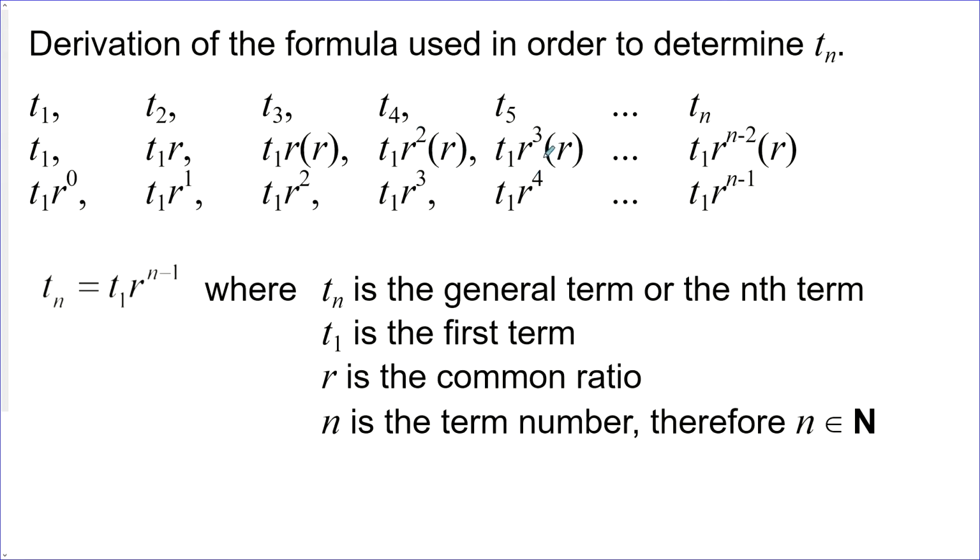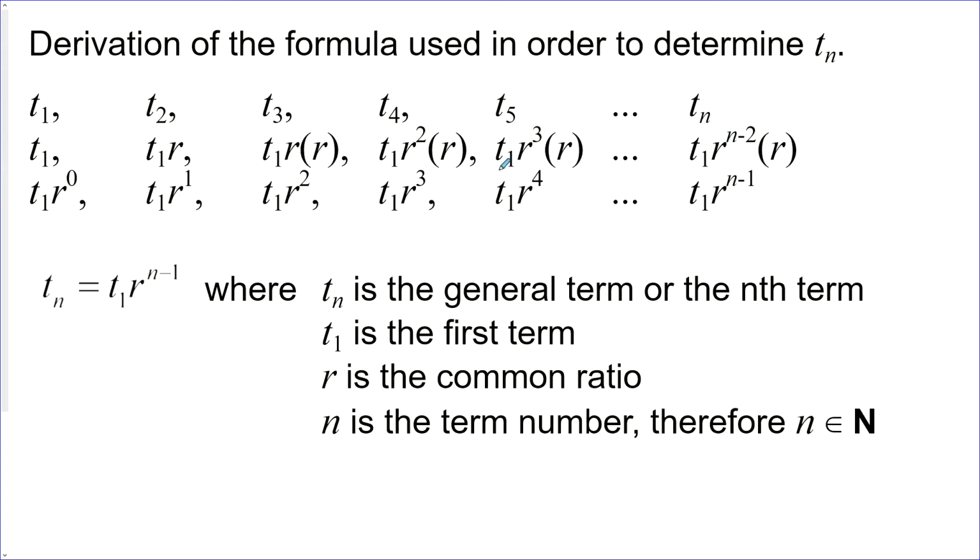This is T4 times R again to get to T5, and so on. And you notice that this exponent here is always 2 behind the term number. So 5 minus 3 is 2, 4 minus 2 is 2, and 3 minus 1, and so on. So when we get to here, it's n minus 2 for this exponent, and then times r to get here.